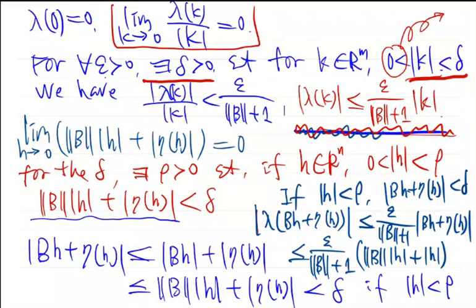Okay, so what's this? We can take the norm of h out, and we obtain the norm of b plus 1, and that can be cancelled here. So eventually this becomes epsilon h.